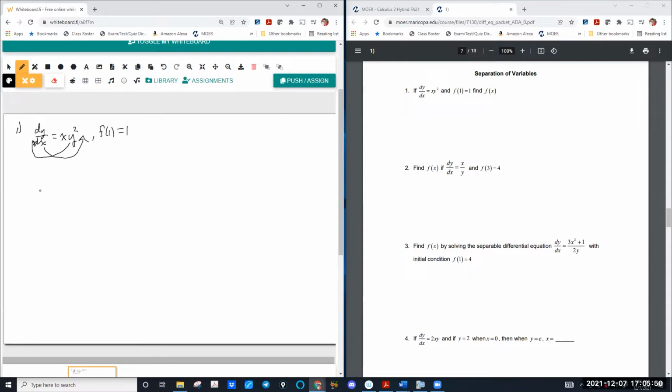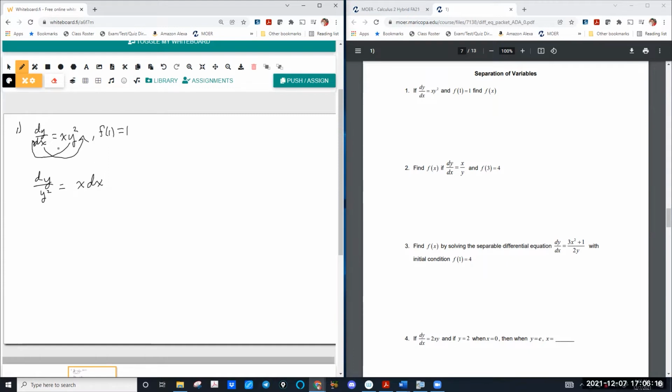And we talked about this a little bit last time. You can only move things in separation of variables via division or multiplication. So basically, I multiply both sides by dx and divide both sides by y squared. I get dy over y squared equals x dx. That is separation of variables.